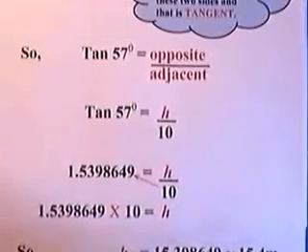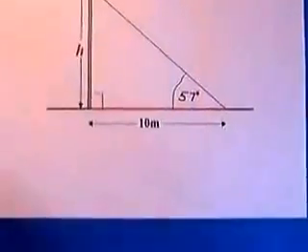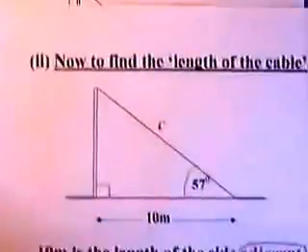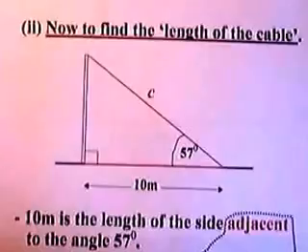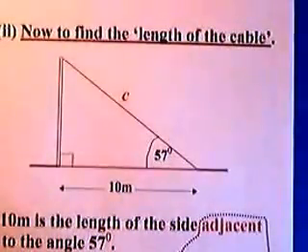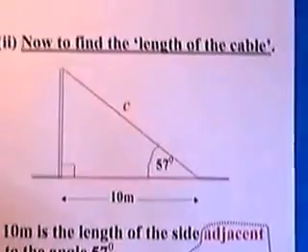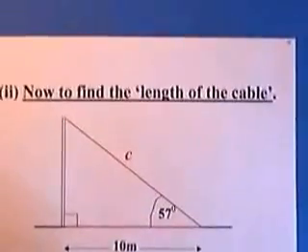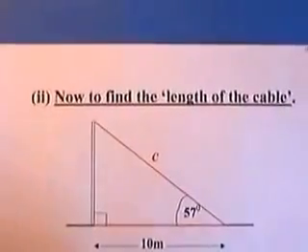Okay, now let us find the length of the cable in this problem. Again, I've drawn a diagram, and I don't want you to see that bit just yet because I want to talk about the diagram. So here we go.